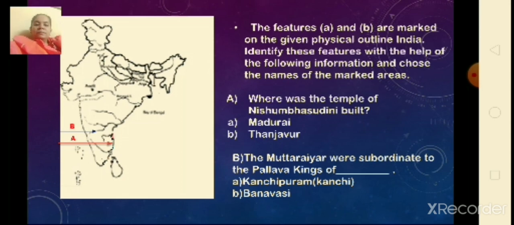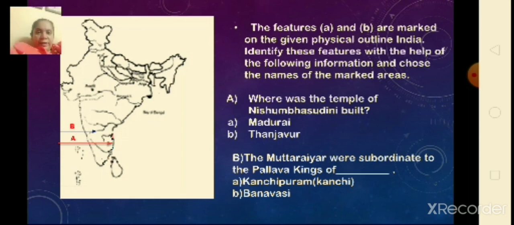Now, next one, that is B. The Muttarayar were subordinates to the Pallava kings of which place? Again, if I have read the lesson properly, I would know the answer very well. I will search again for the arrow which denotes B and I would know which place that is.